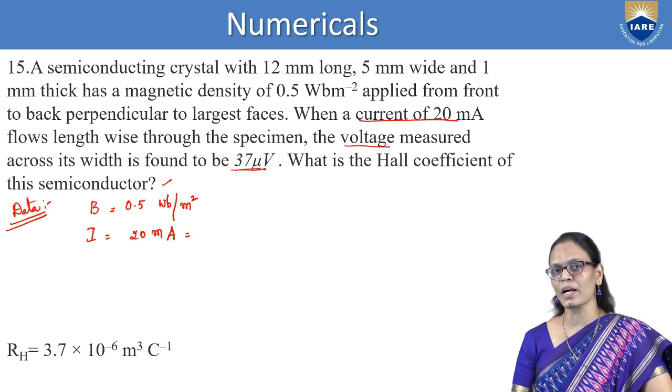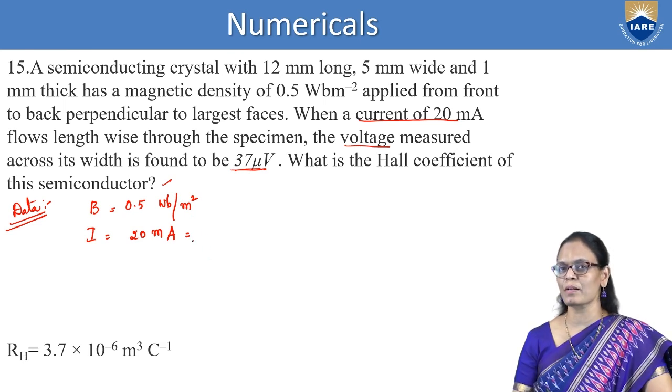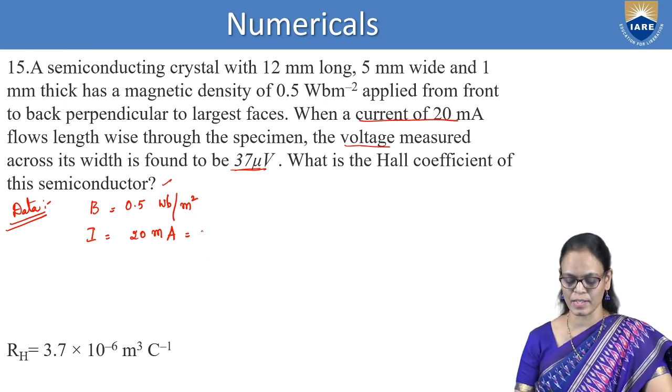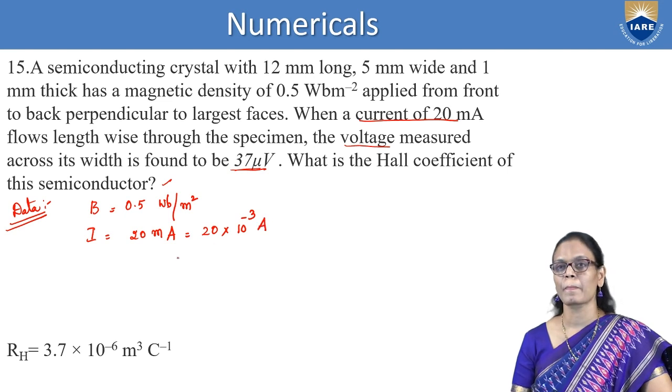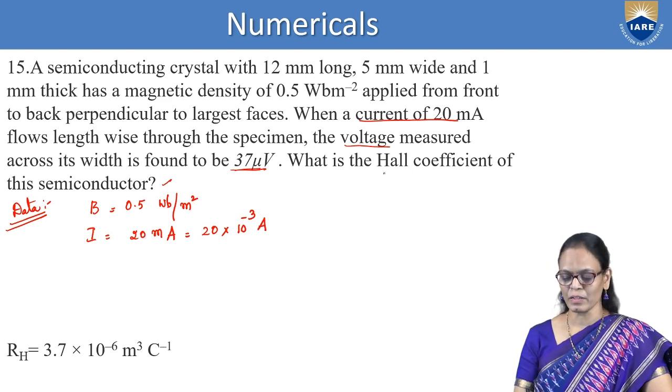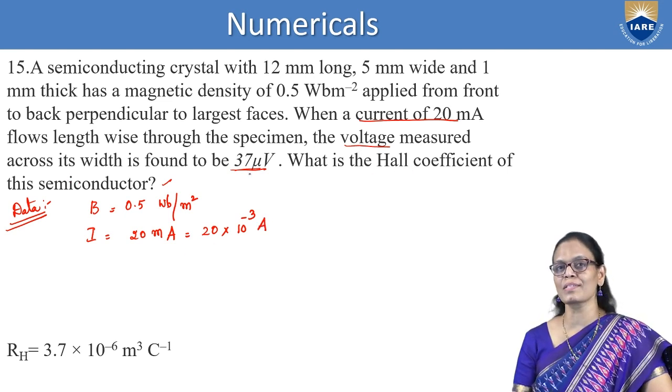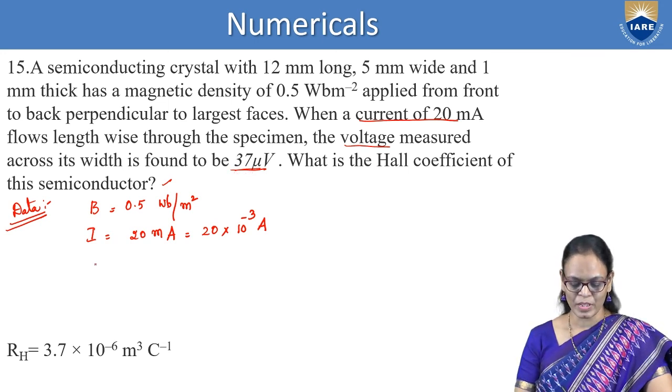Again, here we need to convert this milliampere to ampere to be in the same system. Throughout, we are writing it in SI system. So 20 milliampere, we'll write it as 20 into 10 power minus 3 ampere.